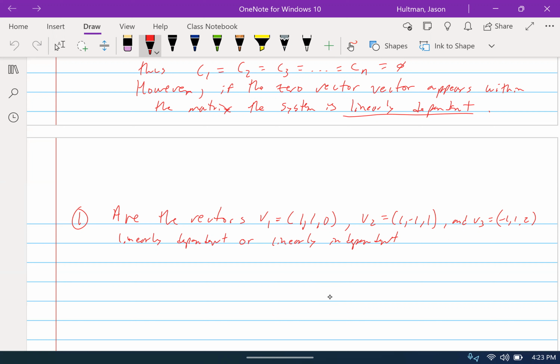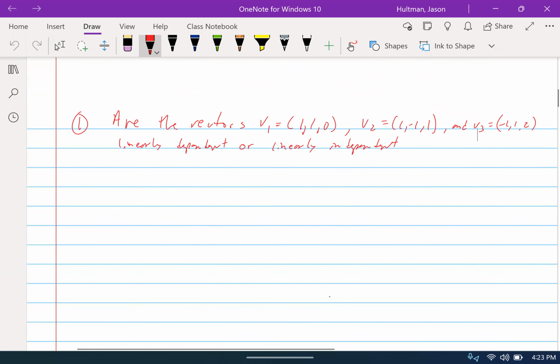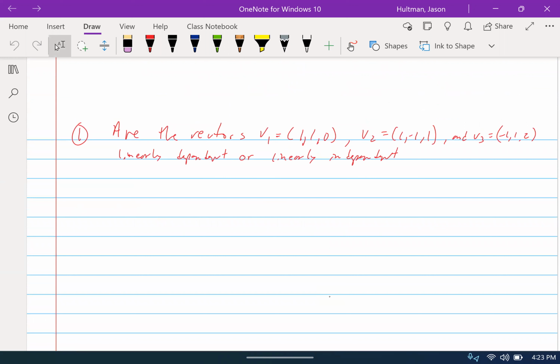If we had fewer vectors, then it would be inconsistent, and we would not necessarily know whether they were linearly dependent or independent. We just have an infinite number of solutions there.